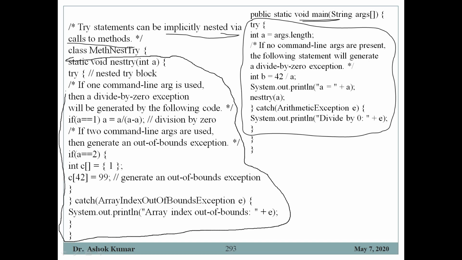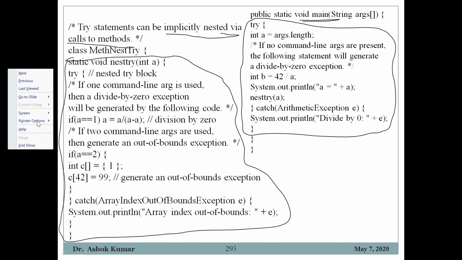This is your nested try method. The method name is nestTry, and these are two methods: one is the main method, and the other is the nestTry method. These two methods are members of the MathNestTry class. This is defined over here. I'm going to highlight it for you so that you can get it.